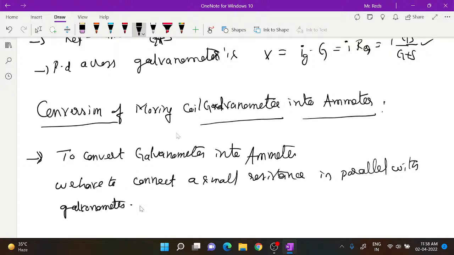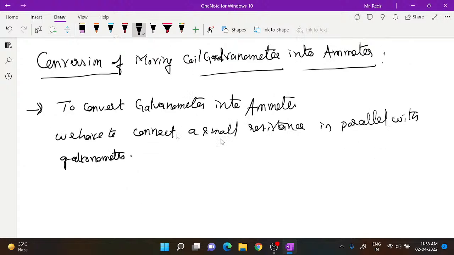In parallel. I will give you a small circuit diagram to understand this.